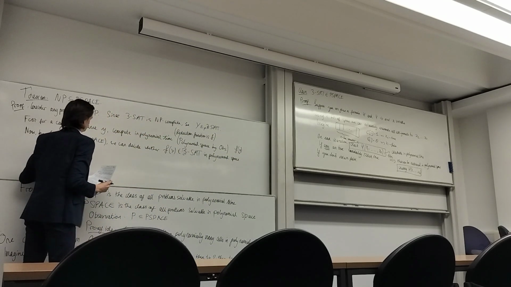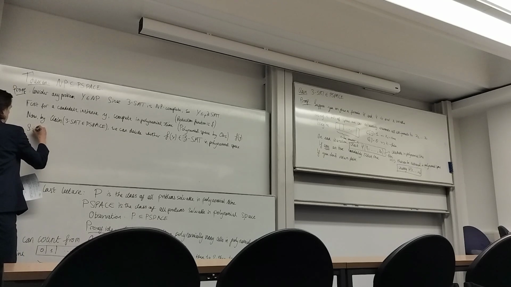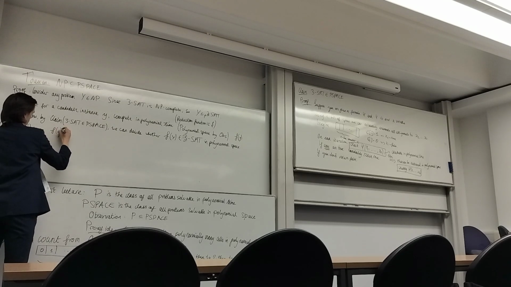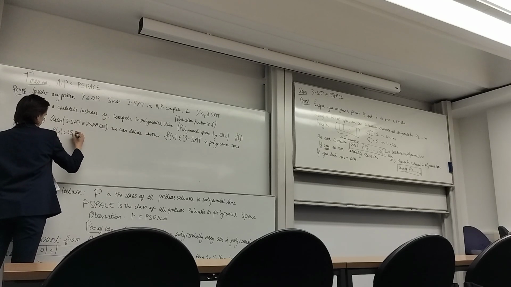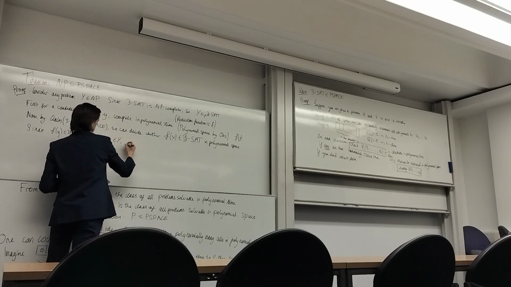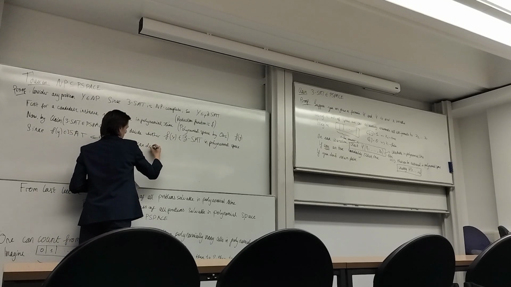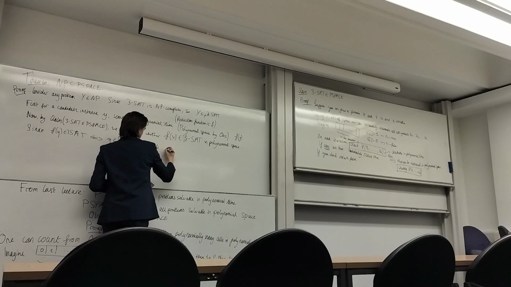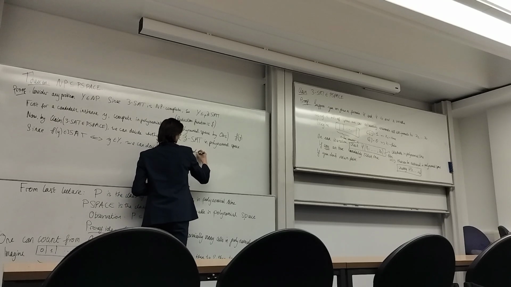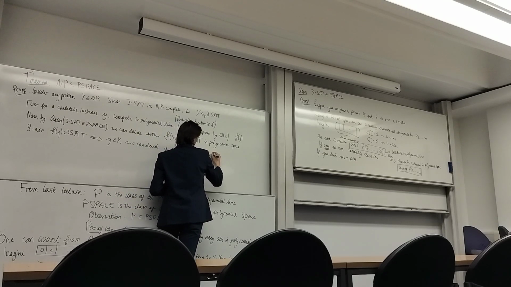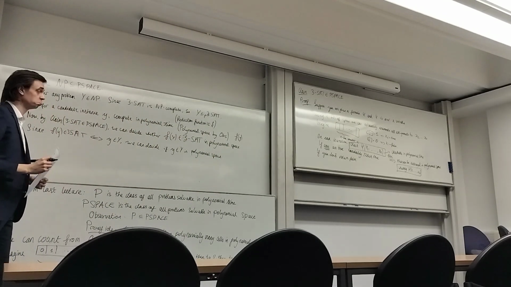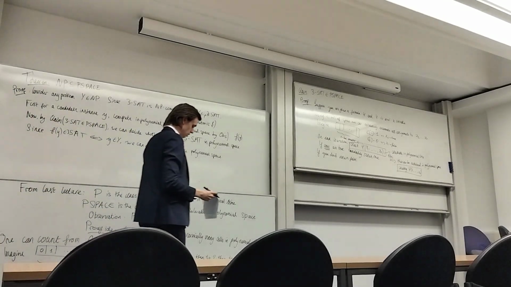Well, clearly this was a Karp reduction, so since f of y belongs to 3SAT if and only if y belongs to Y, we can decide if y belongs to Y in polynomial space. Does that make sense? Okay, fantastic. Any questions so far?